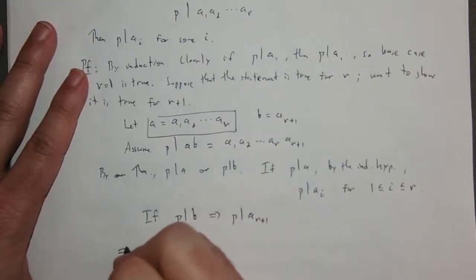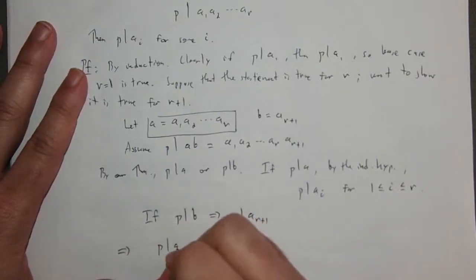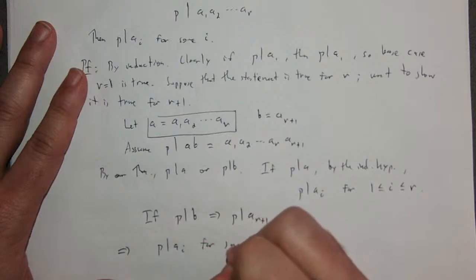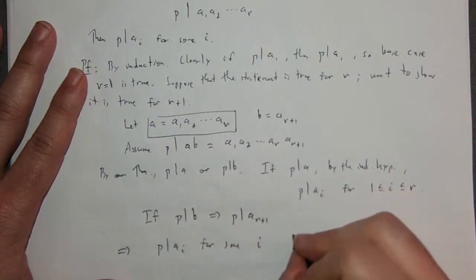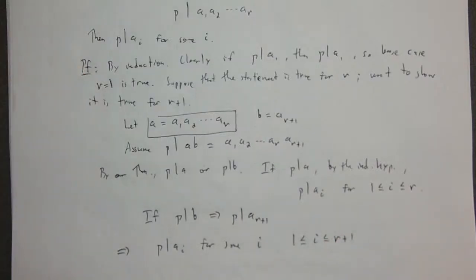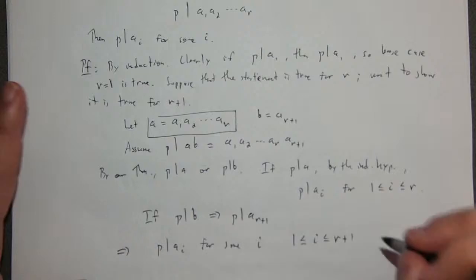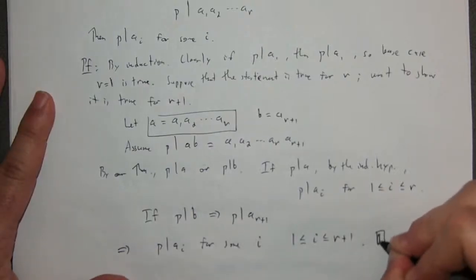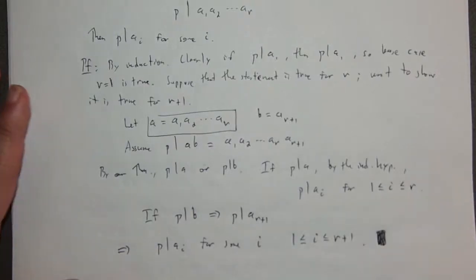So this implies P divides A sub I for some I between 1 and R plus 1, which is exactly what we're trying to show. So we're done by induction.